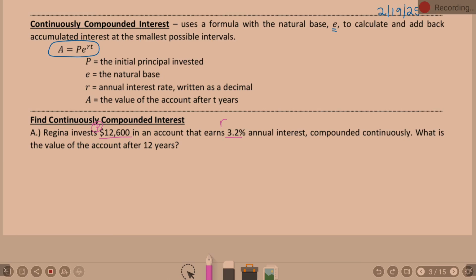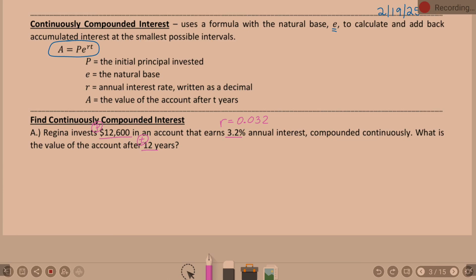Annual interest, your R is the 3.2%, but we're not using it as 3.2%. Move the decimal 2 places left, and we'll use it as what? 0.032. Okay. 12 years, that is your T.